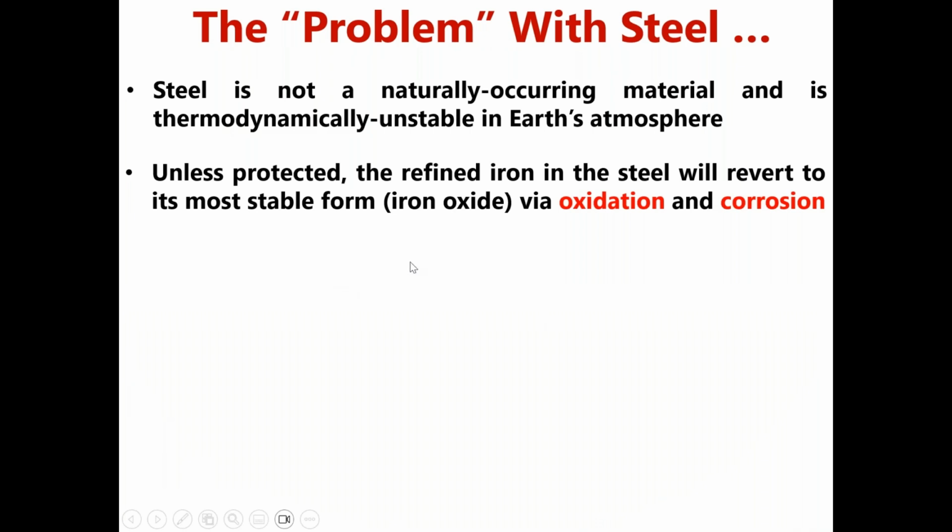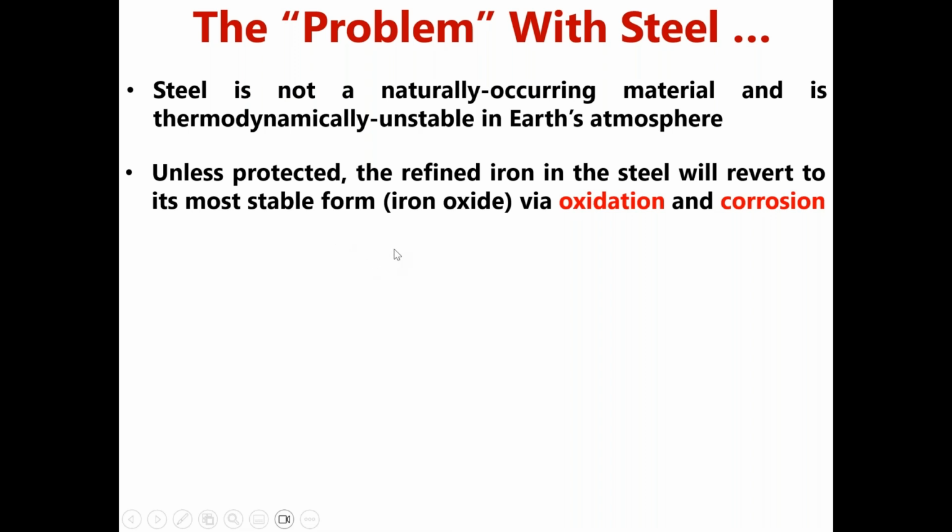But steel isn't perfect. There are a couple problems. Well, one big kind of problem, quote unquote, that we run into when using steel, and it stems from the fact that steel is not a naturally occurring material, right? It's man-made, so it's thermodynamically unstable in Earth's atmosphere.